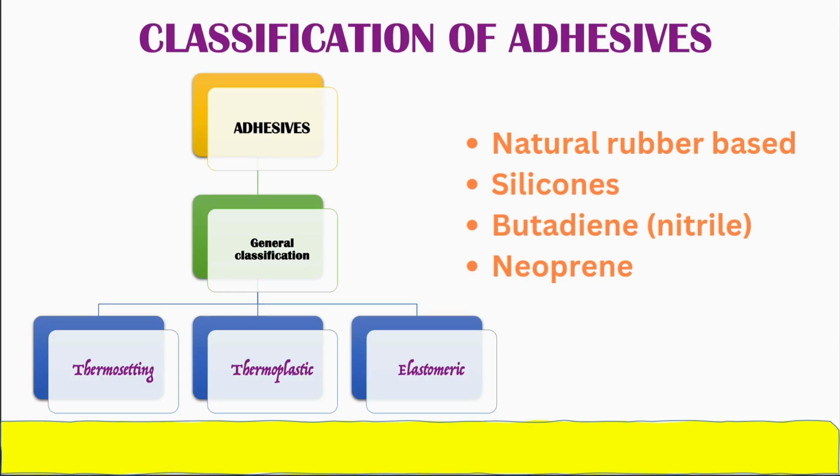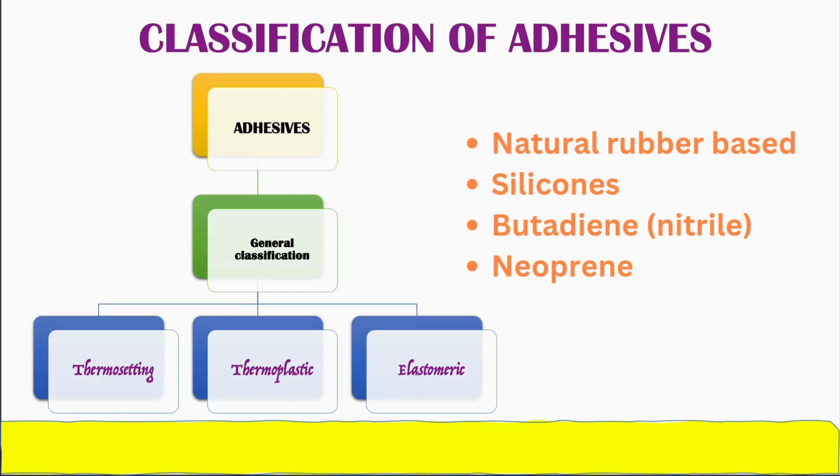So what do we find over here? We find a common feature among the three types of adhesives, that the structure of the polymeric chains, the overall linking of the polymeric chain, leads to the differentiation of the adhesive over here.